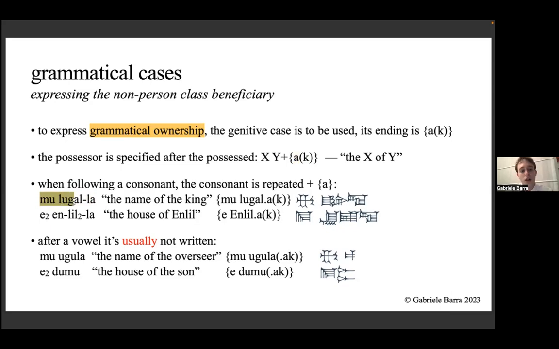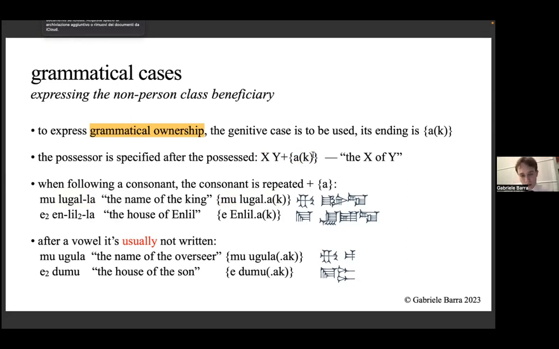So mu lugal-la, the name of the king. Mu, again, the possessed, so x, lugal, king, and then the -ak. Now, how is the -ak written? La, because it's the last consonant of the noun, and then you have the a from the -ak without the k, which in this case does not appear.